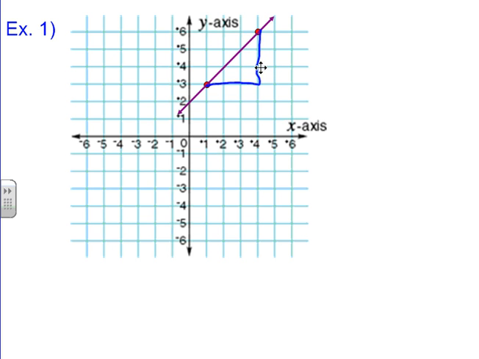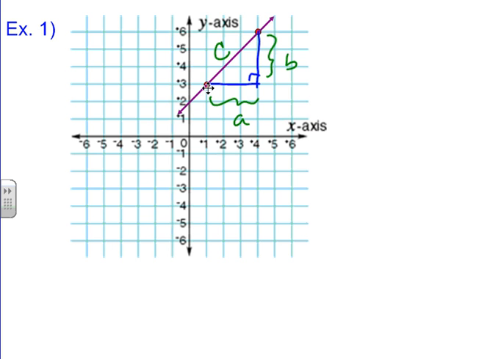Okay, so there's my right triangle. Try it again. That's better. Okay, and on our right triangle, we can find this distance of C by knowing what our A is and what our B is.